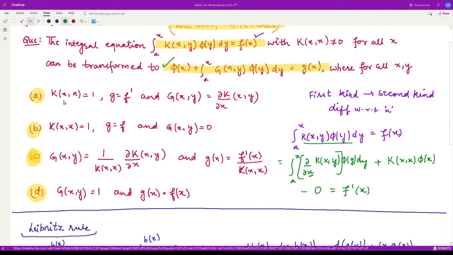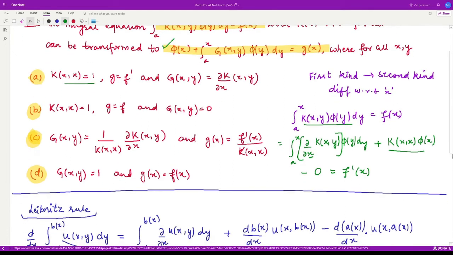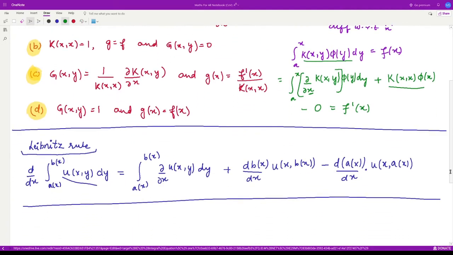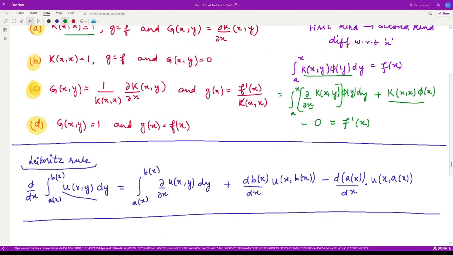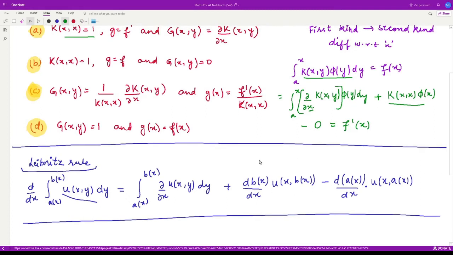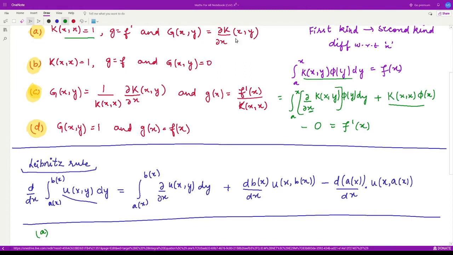The first option says if k(x,x) is 1, that means this term is 1. Let me write it down. The first option says k(x,x) is 1, g is equal to f dash, and g(x,y) is equal to this thing.